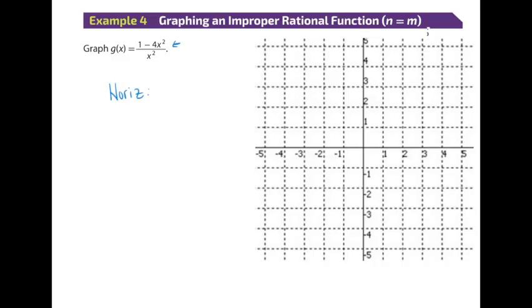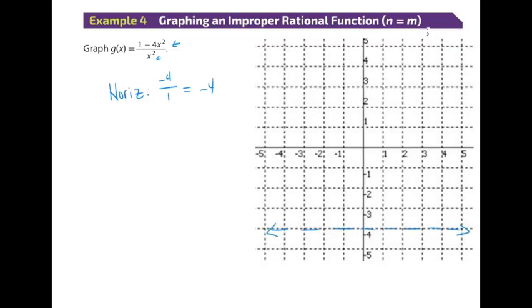My coefficient up here is -4. It's always in front of my highest x value, right? My coefficient on the bottom is +1. So I'm going to have a horizontal at -4. I'm going to have this horizontal asymptote right here at -4.